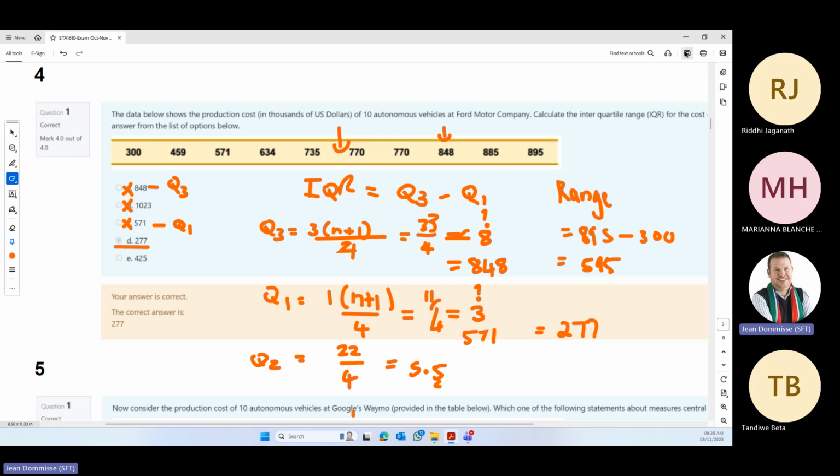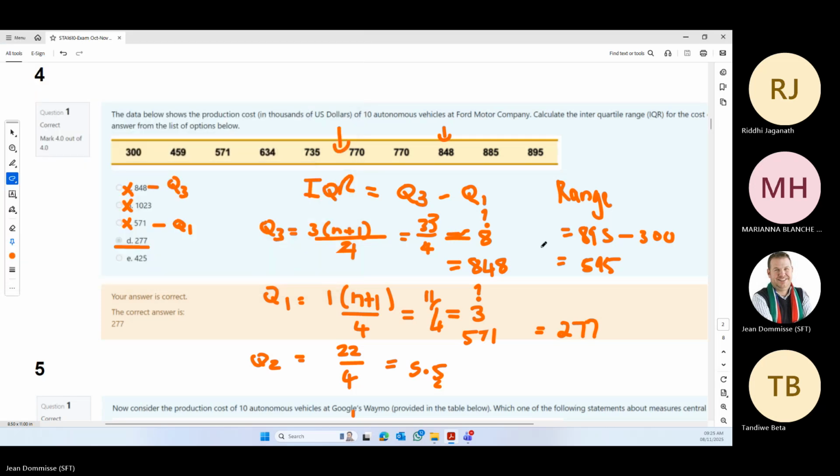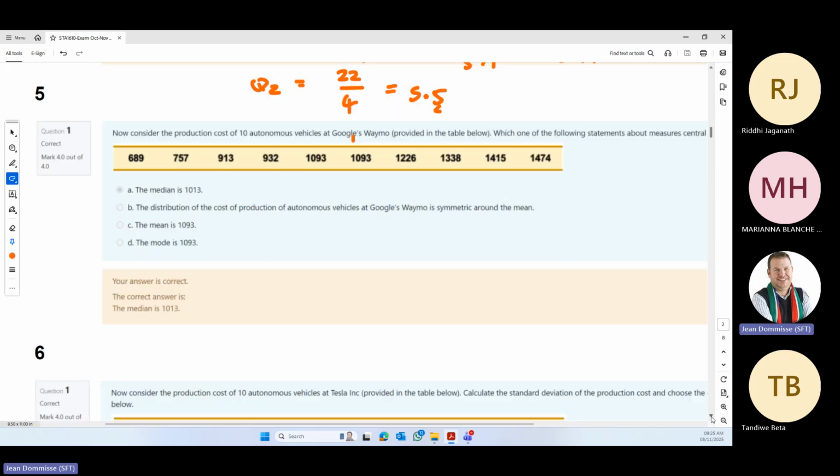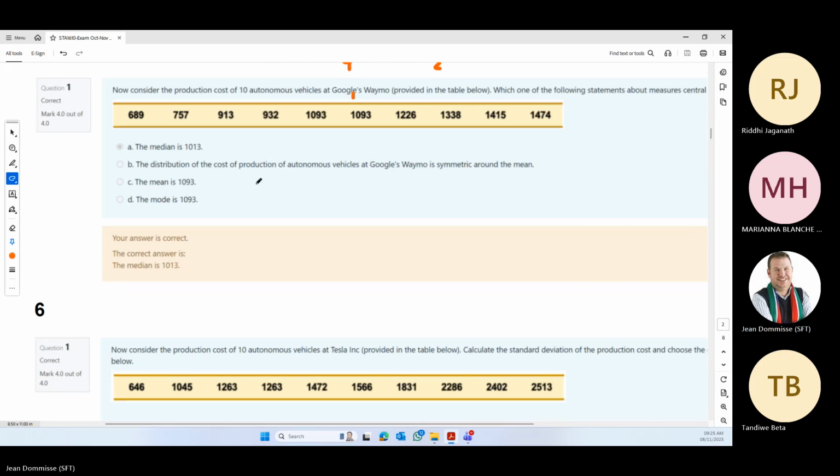Quickly want to save this document so that it hopefully does not jump around like that. Okay.